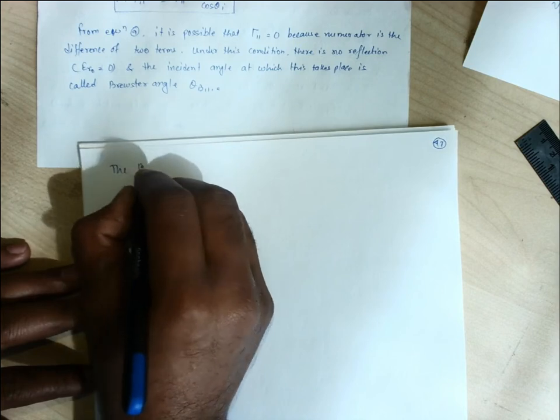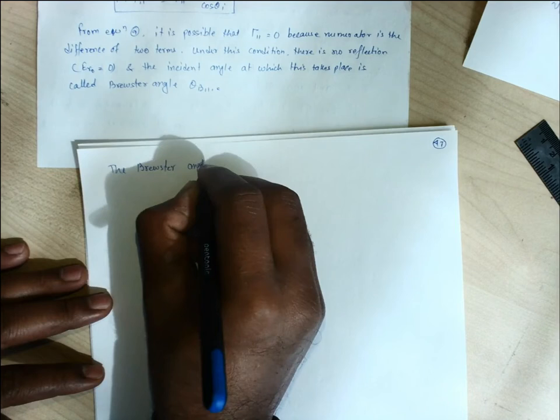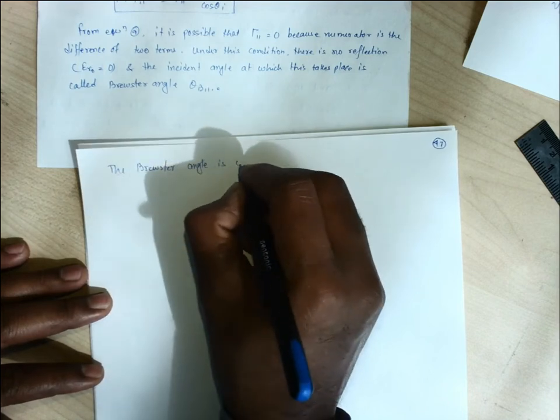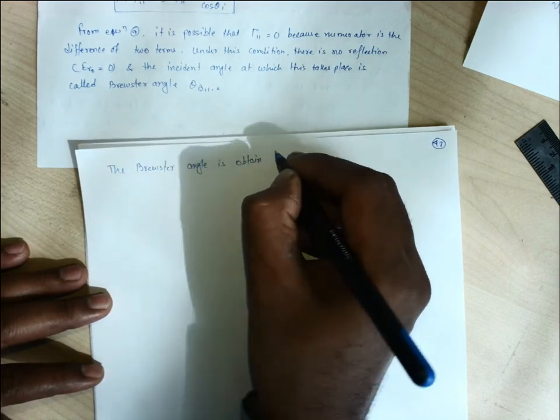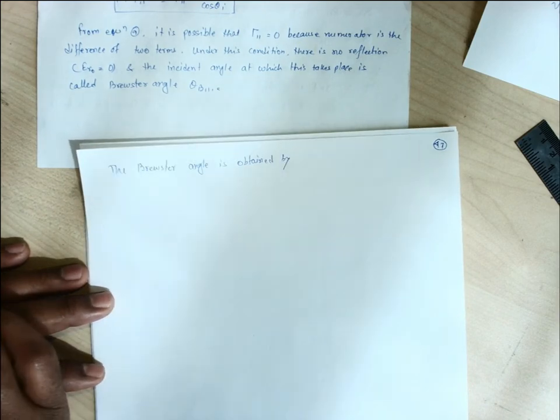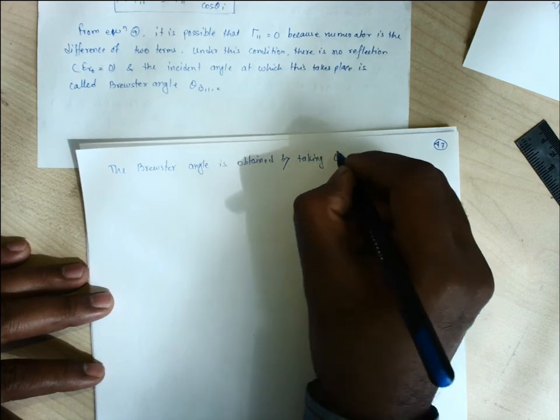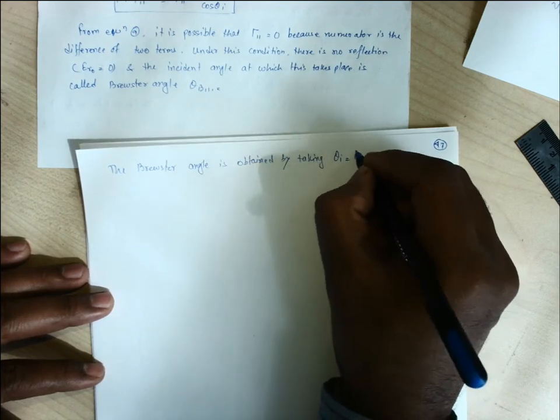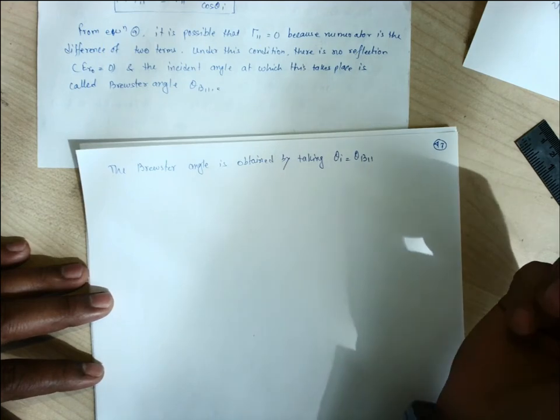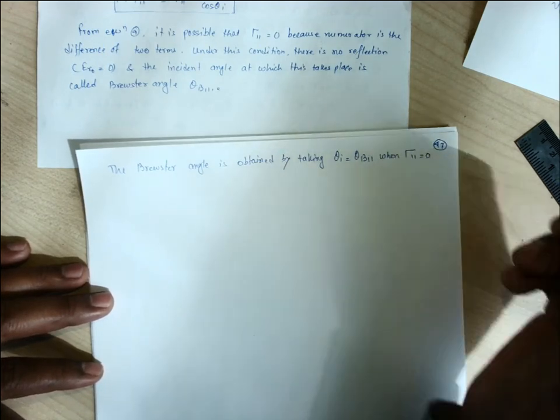The Brewster angle is obtained by taking theta I equal to theta b parallel when reflection coefficient is 0.